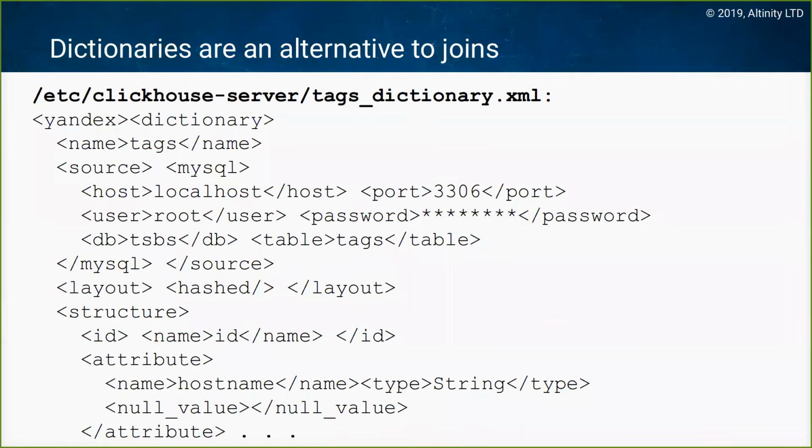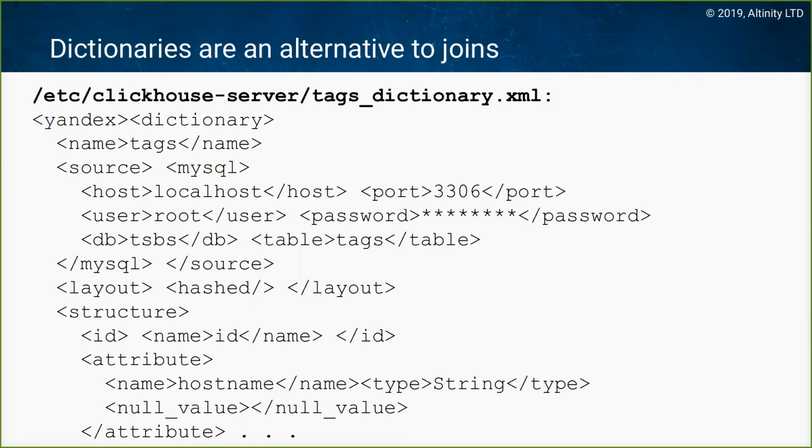The traditional, we might say the legacy, way to define dictionaries is shown here. This is where you stick a dictionary definition, with a bunch of XML tags that define where it's coming from. In this case, I'm reading from a MySQL table, and we're telling it how to find it, and also giving some information about the structure of the dictionary.